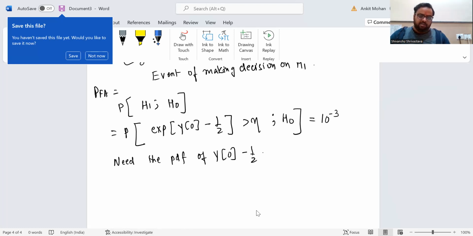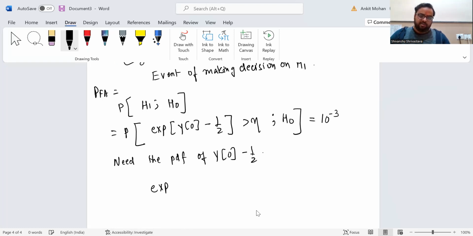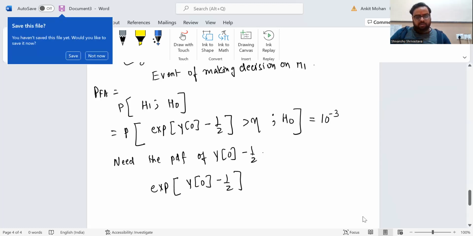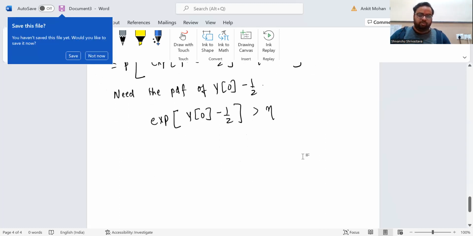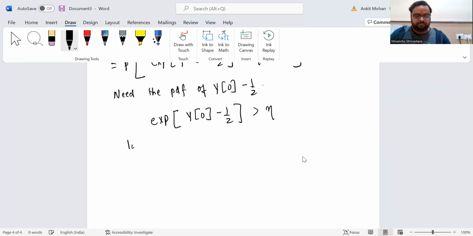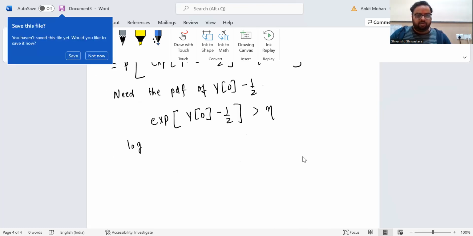Let us take in this expression exponential y naught minus 1 by 2 greater than eta, let us take log, the natural logarithm, on both the sides.